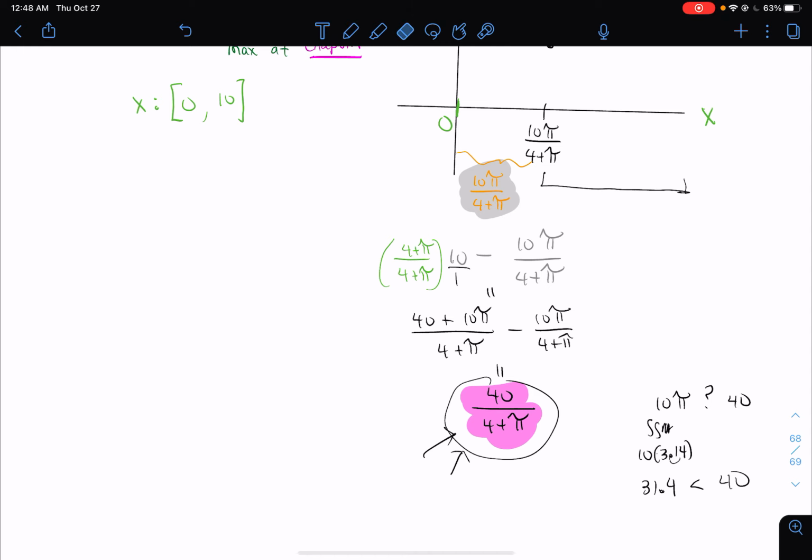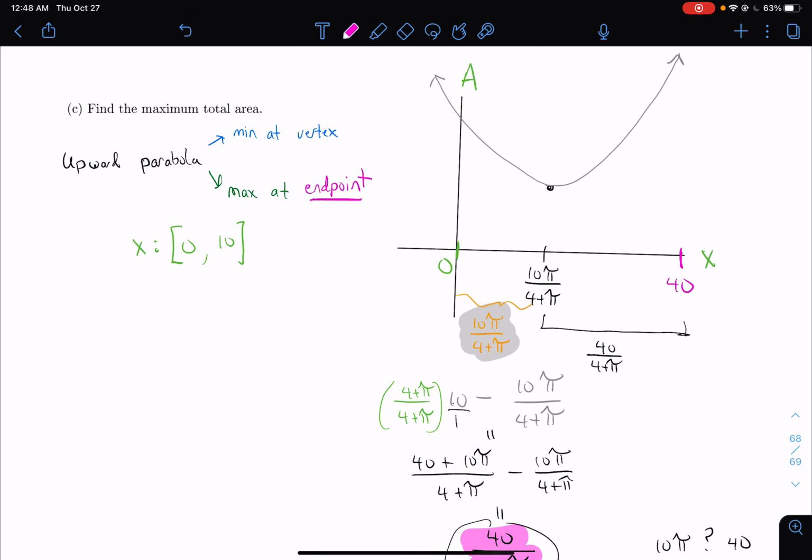Okay, so let's label that distance here. The distance 40 over 4 plus pi is a bigger distance. So that means the x-coordinate 40 is further away from the vertex than 0 is. This is the bigger distance from the vertex.